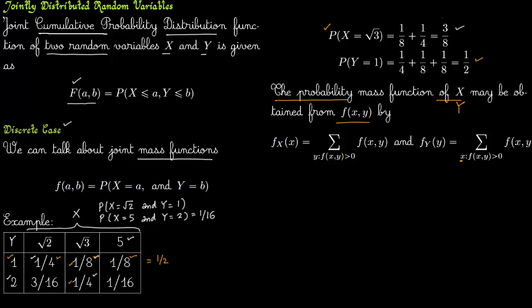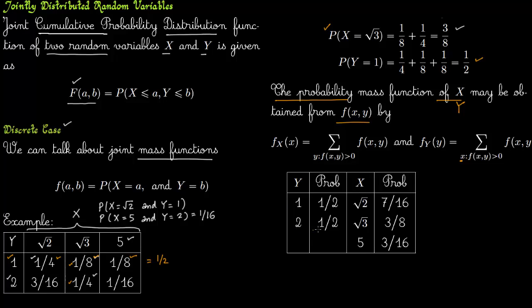Let us see this. First we focus on the mass function of y. y can take on values 1 and 2. For y equals 1, you sum up 1 by 4, 1 by 8, 1 by 8, and you get half. For y equals 2, you sum up 3 by 16 plus 1 by 4 plus 1 by 16, and you again get half. So the mass function for random variable y is f_y(1) is half and f_y(2) is also half.